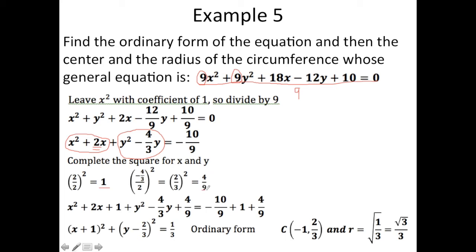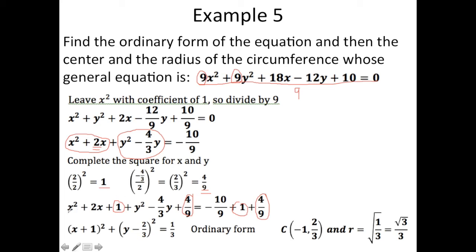So what I'm going to be adding on both sides, it's both of these numbers. I add a 1 on this side and I add 4 ninths on this side. If I do that on the right side or on the left side, I have to do it also on the other side. So I have to add a 1 here and 4 ninths right here.